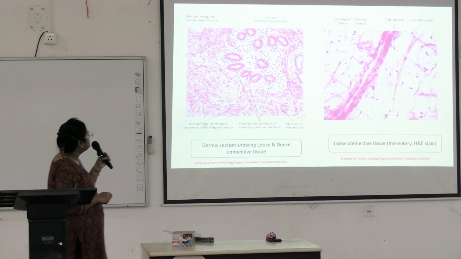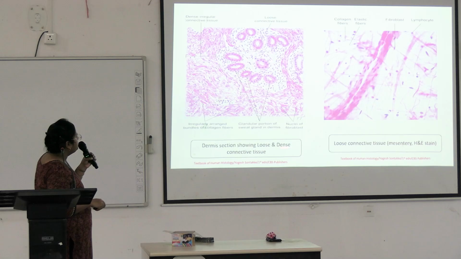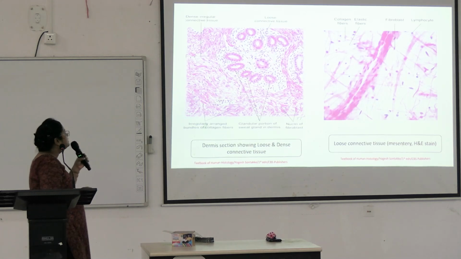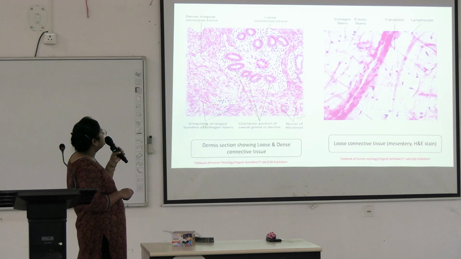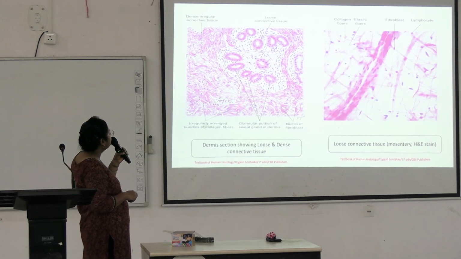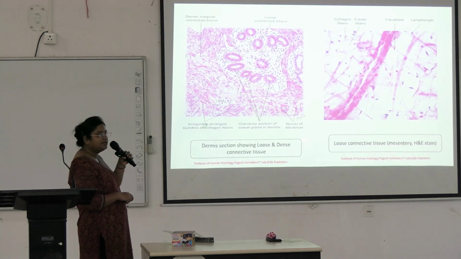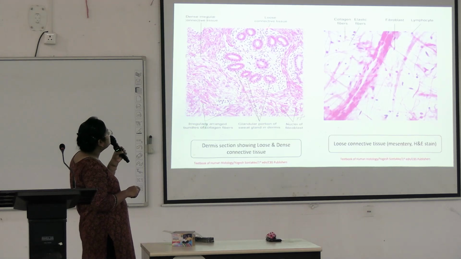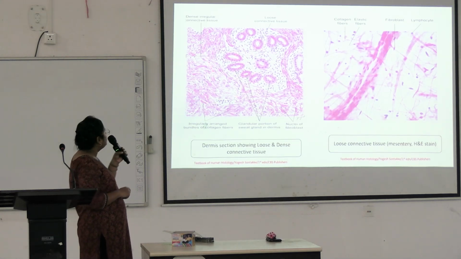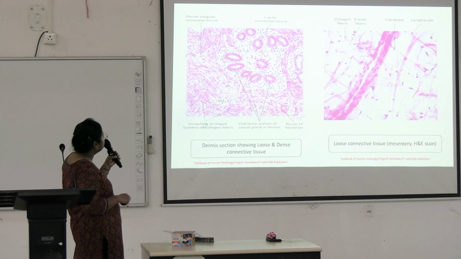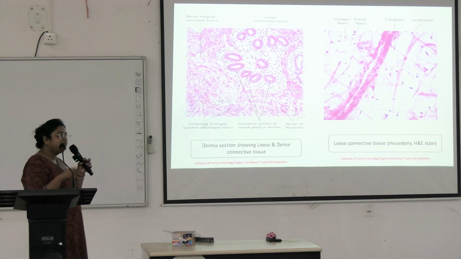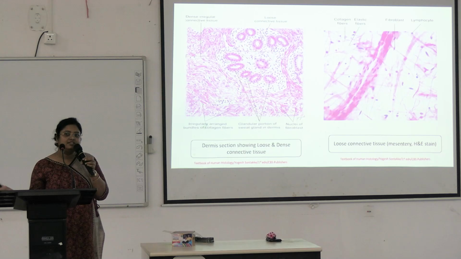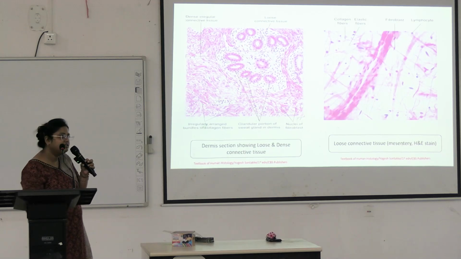Next, this is section of dermis. Dermis section shows loose and dense connective tissue together. So around the gland, section of different gland, this is section of glandular portion of sweat gland. In the dermis, surrounding the glands, here is lying the loose areolar connective tissue. And in the rest of the area, here you can see fiber bundles. Fiber bundles are directed in multiple directions, and cells and extracellular matrix are less in amount.